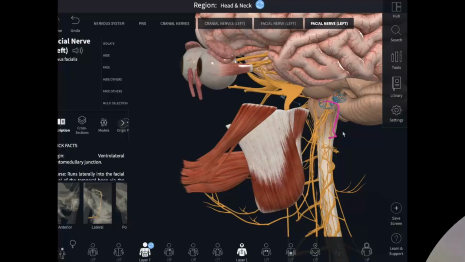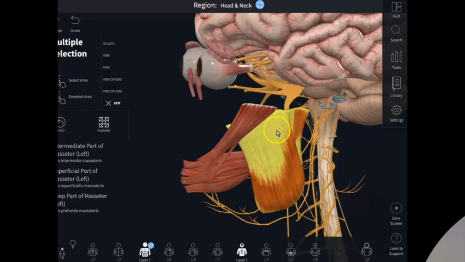If damaged or if it has any type of lesion, then it would weaken the side that was impacted, so it would lead to an asymmetrical smile. So one side would be able to go up, but the other wouldn't be able to. Rehab for this could vary from months to a year, just depending on what type of damage there is.